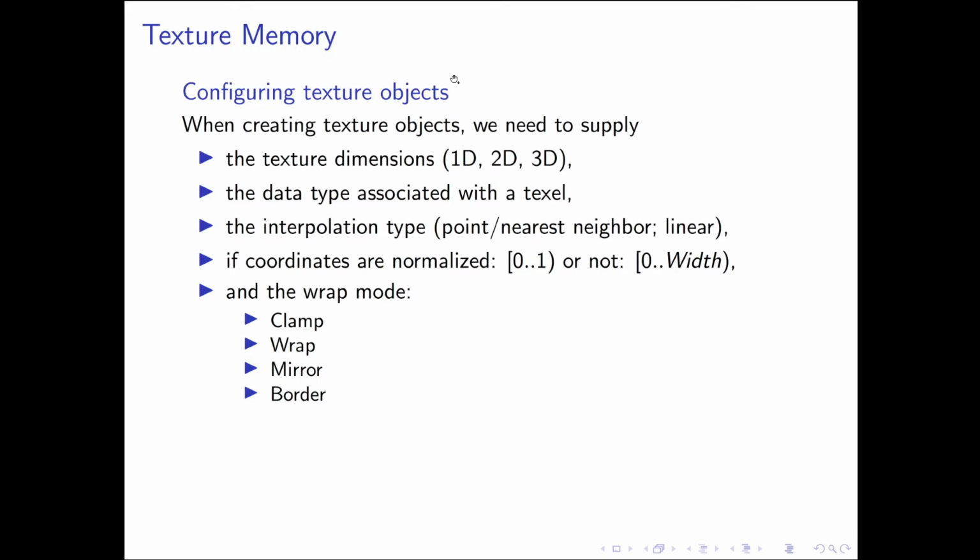When we configure our texture objects, there is a lot of information that we have to supply. For instance, we have to supply whether this is a 1D, 2D or 3D texture. We also have to tell it what the texel type associated with the texture is: whether we're storing integers in 0 to 255, floating point values, or even RGBA colors.